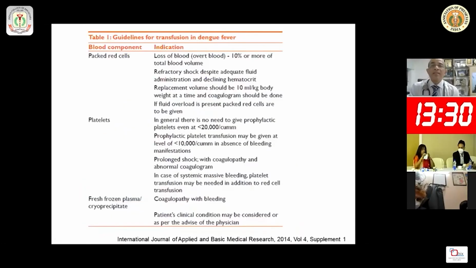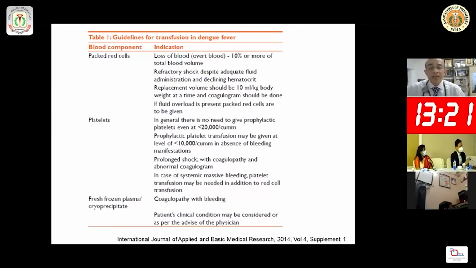The other problem is the issue of transfusion of platelets. This has been said a lot of times in the last couple of decades. Earlier, we used to admit the patient in the ICU and transfuse if the platelet count was less than 50,000. But now it is very clear, based on the WHO recommendations and what we have seen, that packed cells are recommended if there is a blood loss of 10% or more of total blood volume.